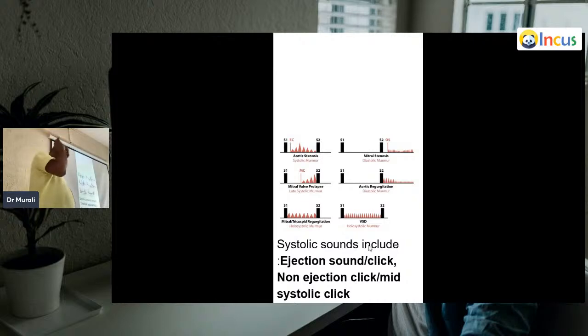That is the reason you hear that musical sound, called the mid-systolic click of MVP. Unlike aortic and pulmonic stenosis, which lead to an ejection systolic click, that is what you need to remember.